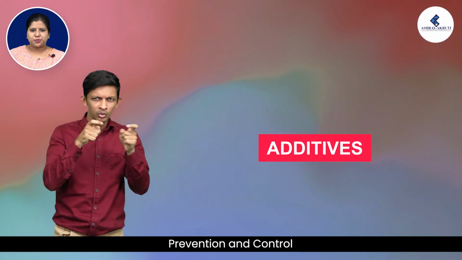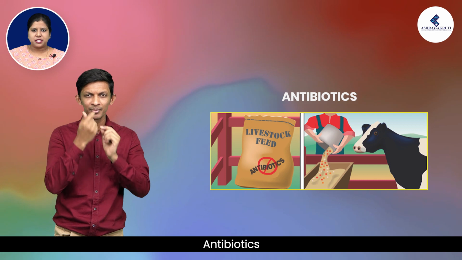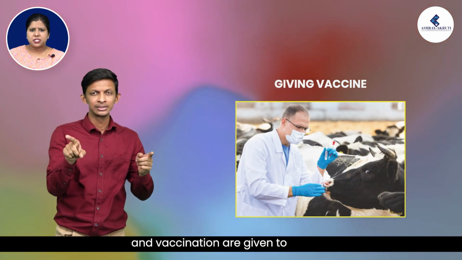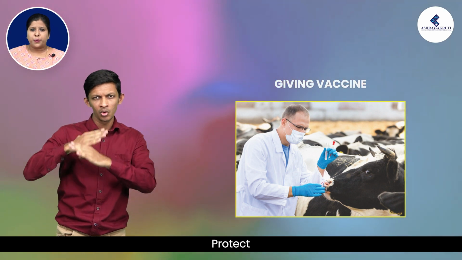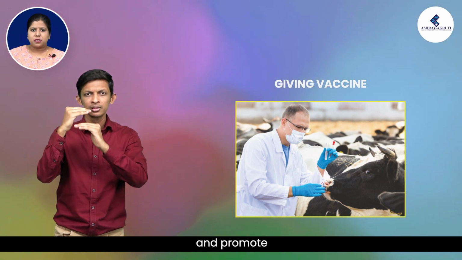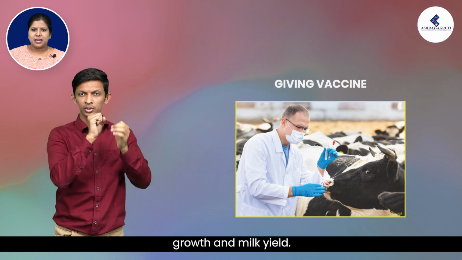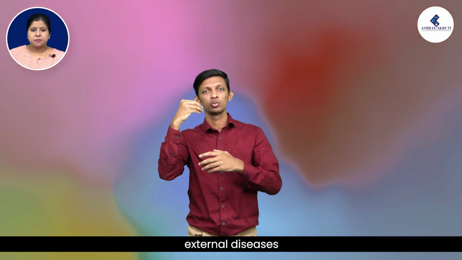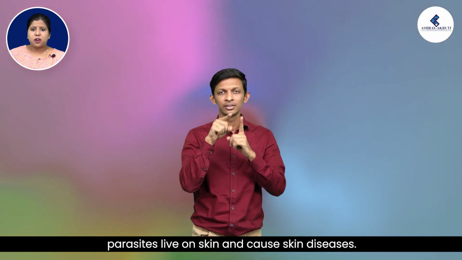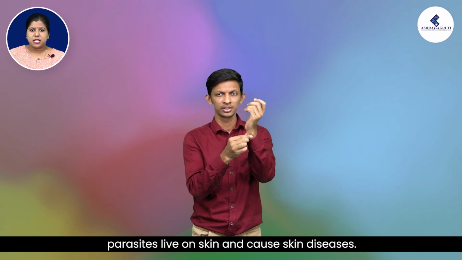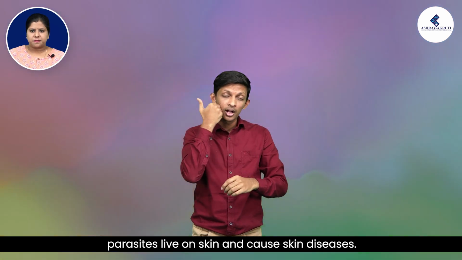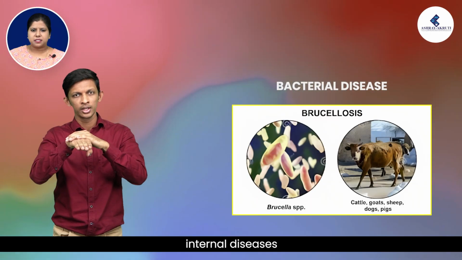Prevention and control. Antibiotics, hormones and vaccination are given to protect and promote growth and milk yield. Diseases. External diseases. Parasites live on skin and cause skin diseases. Internal diseases.